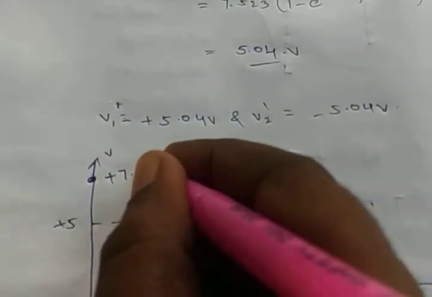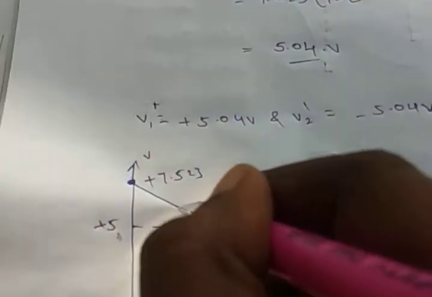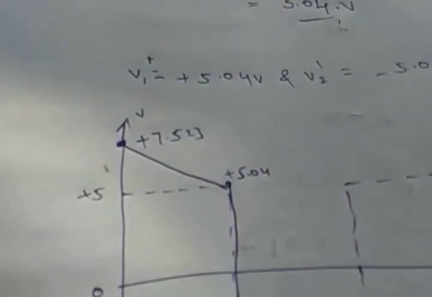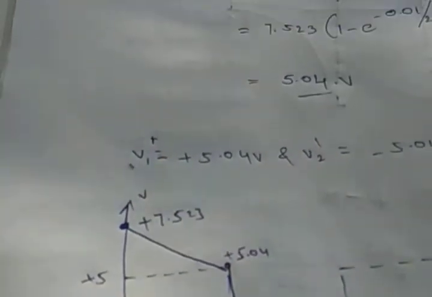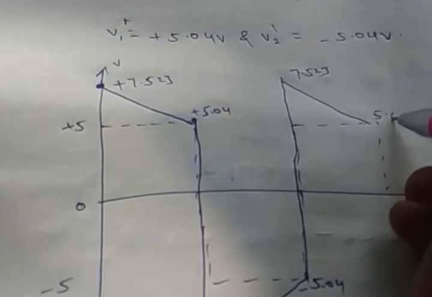So V1 will be plus 7.523, this is plus 5.04, here minus 7.523 and here minus 5.04.